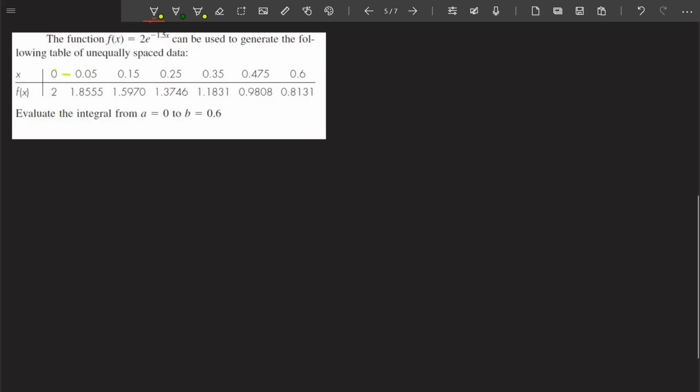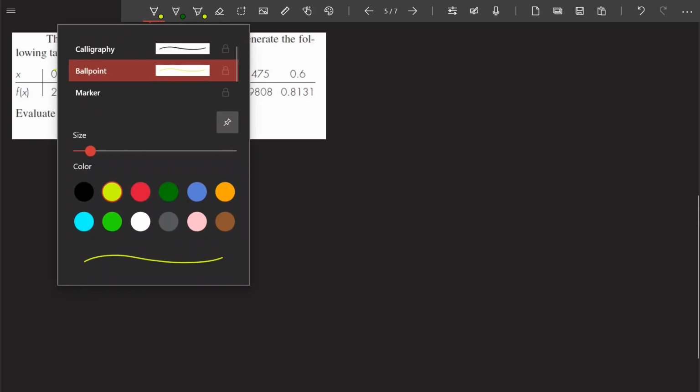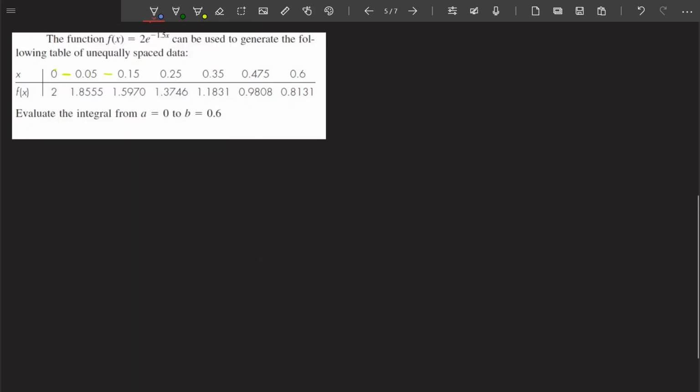But the difference between this and this is not 0.05, it's 0.1. That means this is one segment and this is a separate segment. Let me color it with this color. The distance between this and this point is 0.1. Again, this and this point is 0.1. This and this point is 0.1.